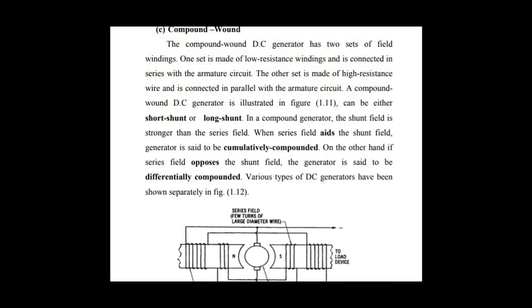A compound DC generator is shown in the figure, either short shunt or long shunt. In a compound generator, the shunt field is stronger than the series field. When the series field aids the shunt field, the generator is said to be a cumulative compound.